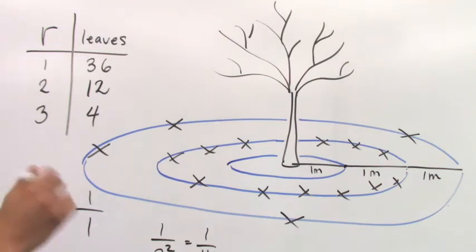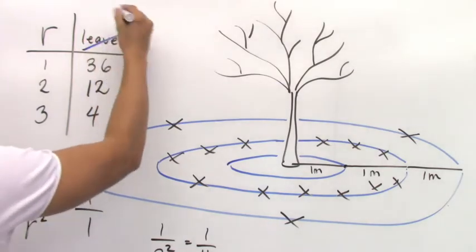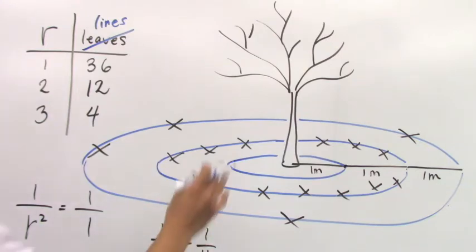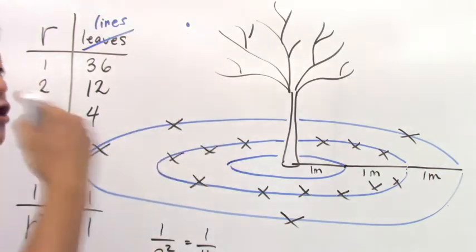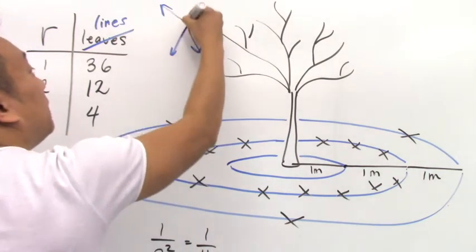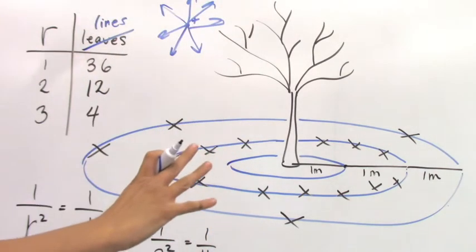And now, just simply replace leaves with lines. So this is a concrete example, but if you replace this with lines, and it's not a tree, it's a source of charge. So imagine this, you have a point, that point is a charge, and let's say it's a positive charge, it has electric field lines coming out, right, in all directions.